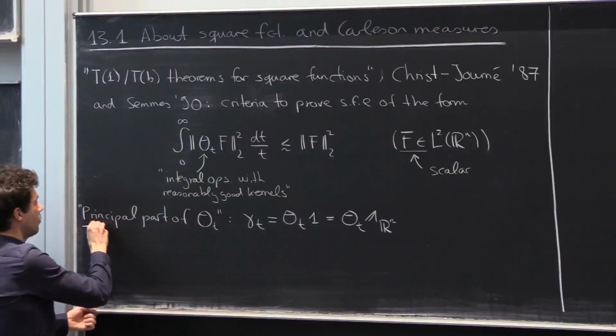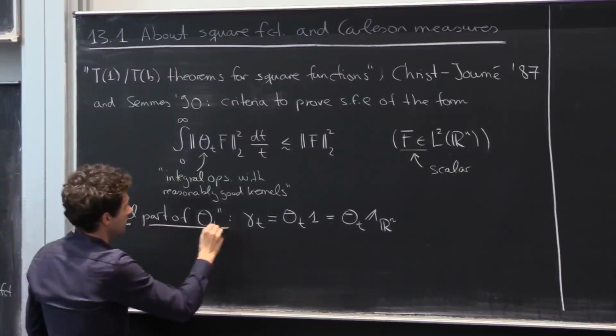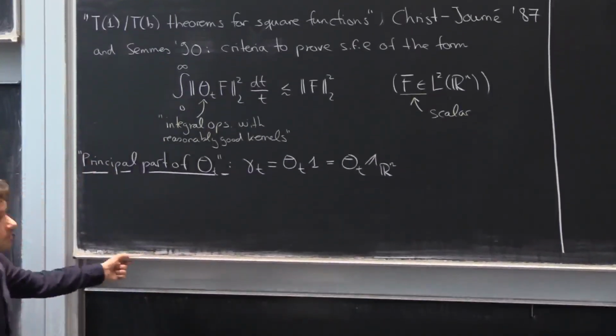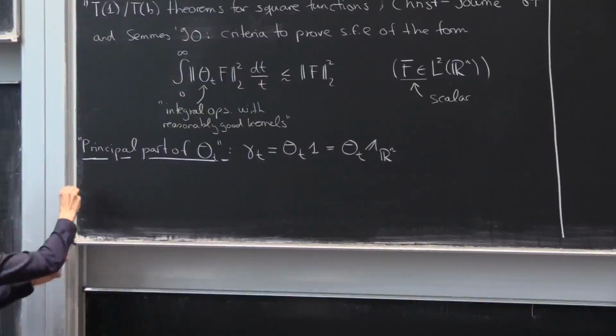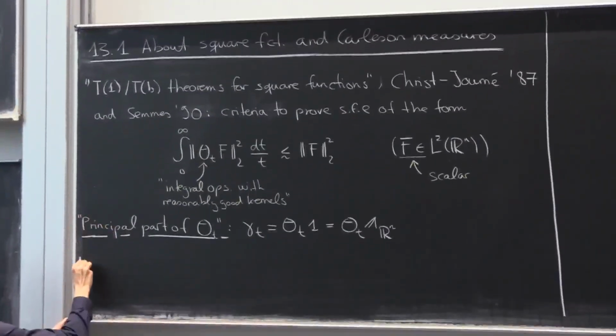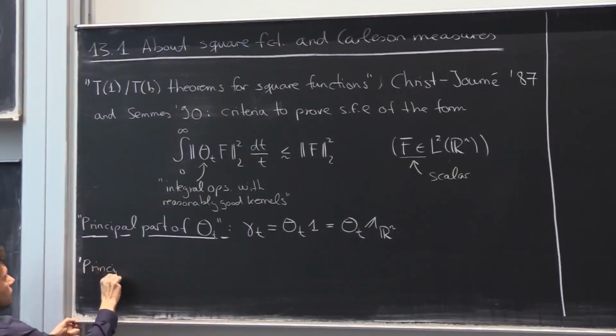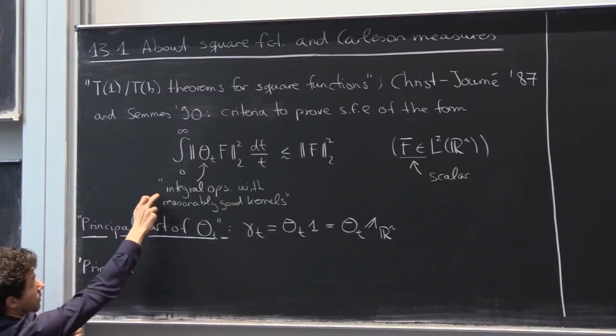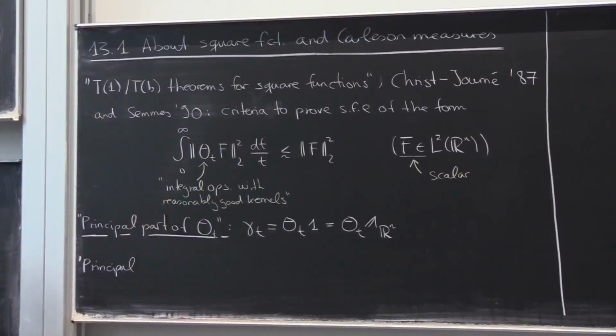Okay, and why is this principal part interesting in the story? The principal part is interesting because in their setting, even in this nicer setting, it might be that this estimate fails, and they're trying to characterize when the estimate holds.